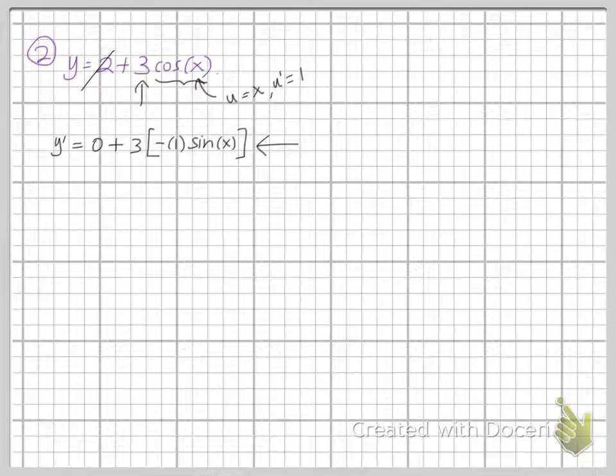I just need to simplify now. So it's going to be y prime equals minus 3 times the sine of x. This is 0, I'm not going to write anything there. So a negative times a positive is a negative, 3 times sine of x. This is the derivative.